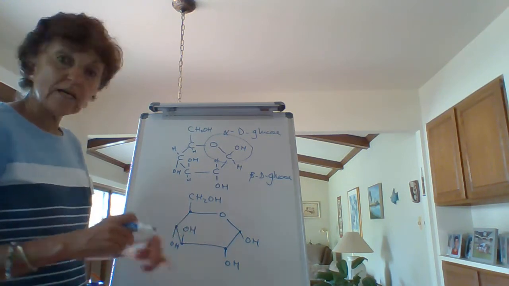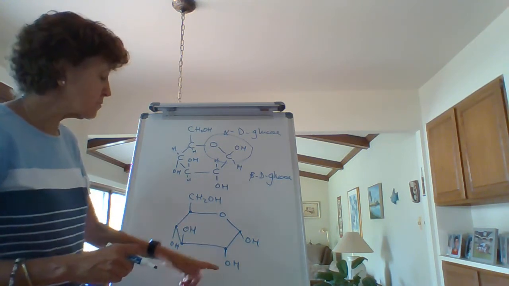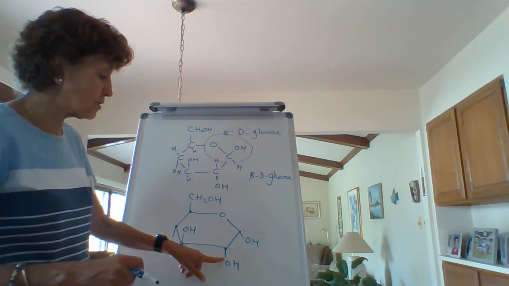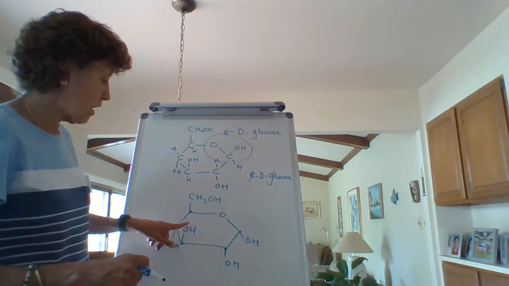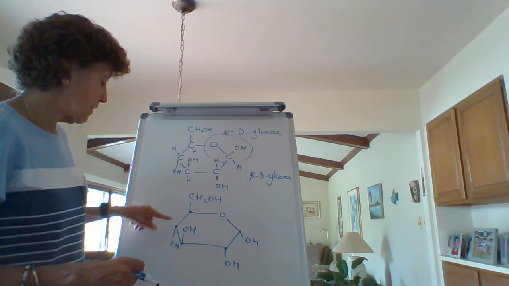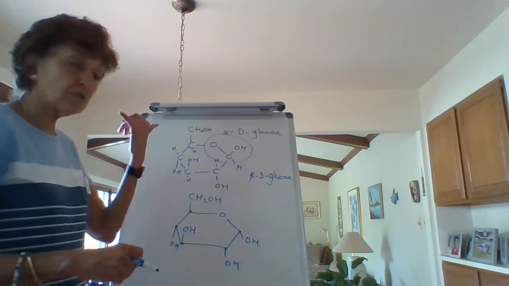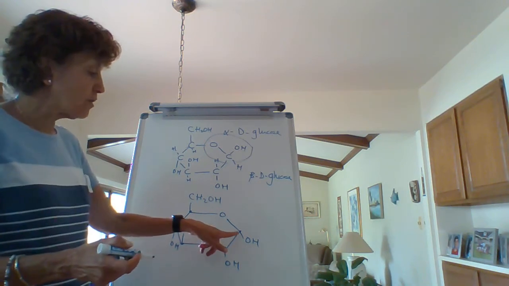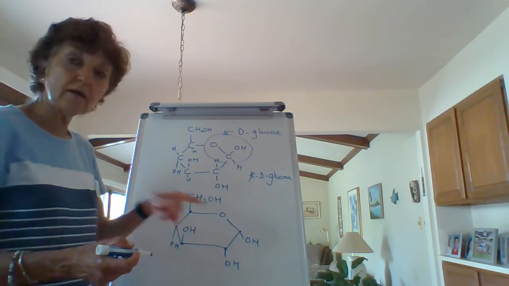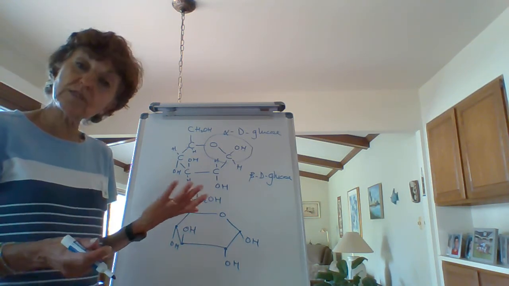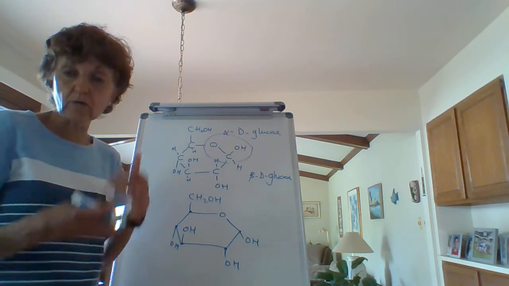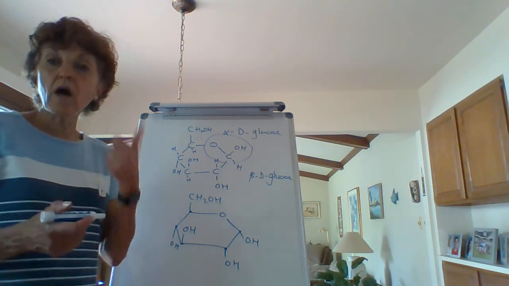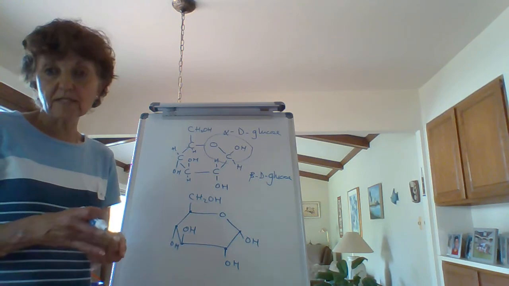Looking at this, you can tell that it's glucose because the OH is pointing down at 2, up at 3, down at 4, which is what we did when we turned that Fisher into the Haworth. You can also tell that at carbon 1 the OH is pointing down, so is it an alpha or a beta? Remember, down at carbon 1 is alpha, up at carbon 1 is beta.